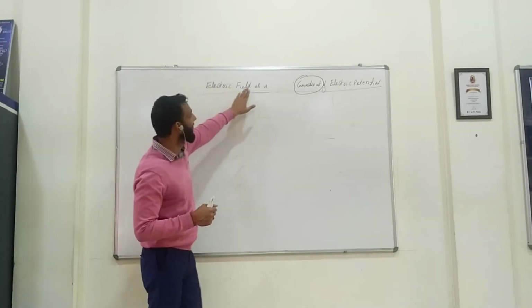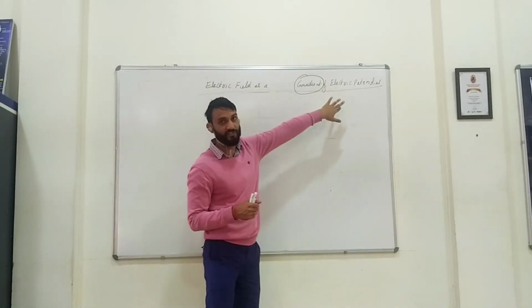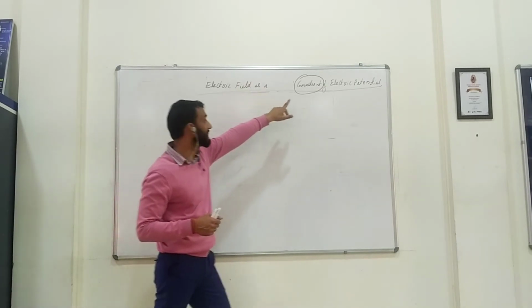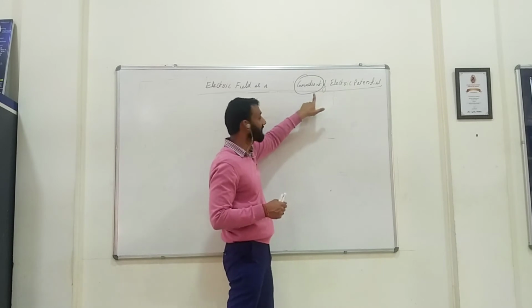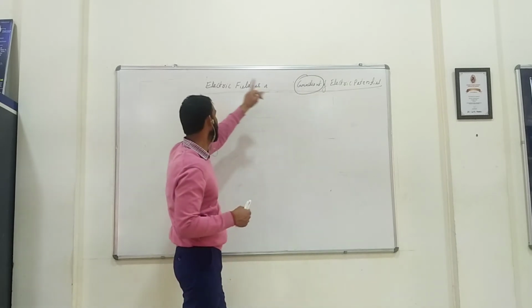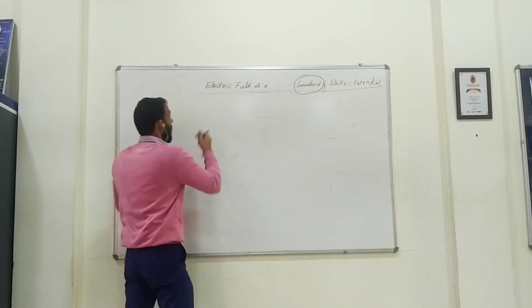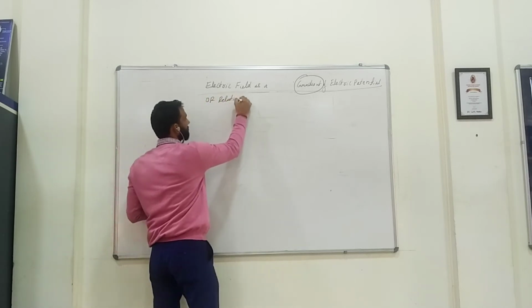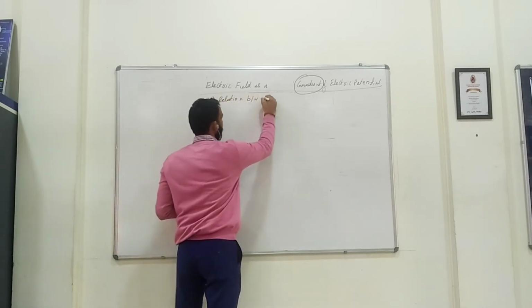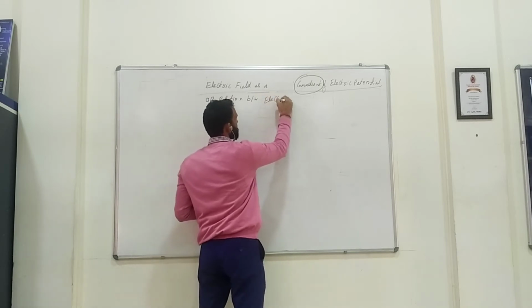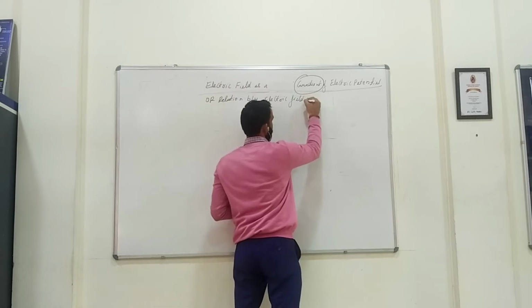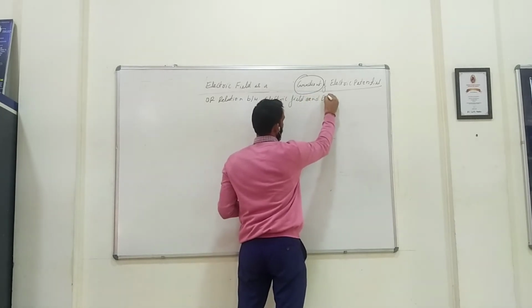So electric field as a gradient of electric potential means electric potential is changing with respect to distance or length. Also we call it the relation between electric field and electric potential.